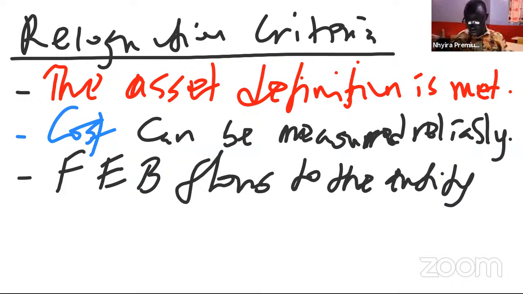So three things: one, meet the definition of an asset; two, cost can be measured reliably; three, it is probable that future economic benefit associated with the item will flow to the entity. Does it make sense? So that is the recognition criteria of assets.